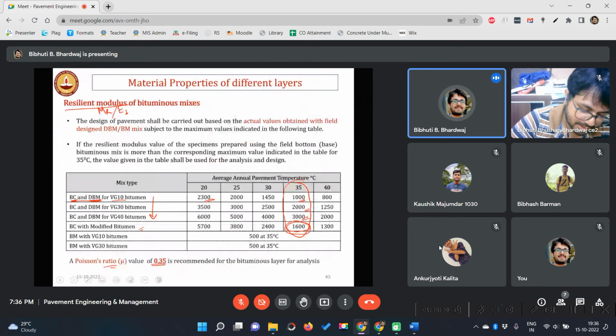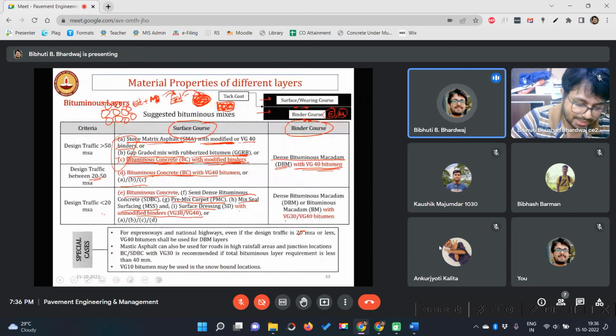Remember, our traffic is 84.9 MSA, so we can consider bituminous concrete with modified binders and DBM with VG40 for the surface and binder course.